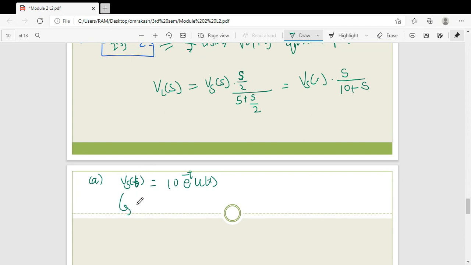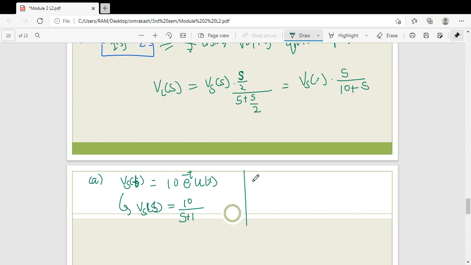When you use the Laplace transform in terms of s, this becomes 10 by s plus 1, since the coefficient of t in the exponent is 1, that's why s plus 1. That is your Laplace transform for this input.